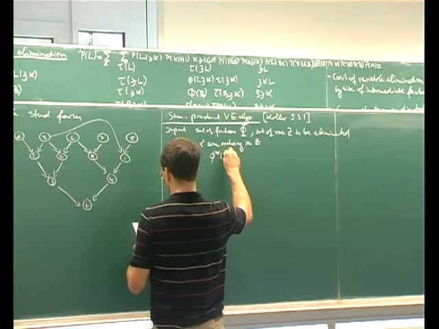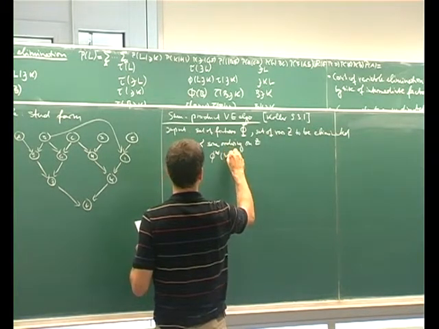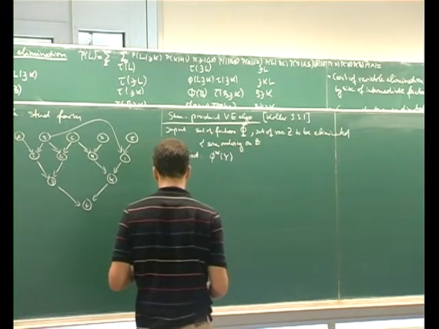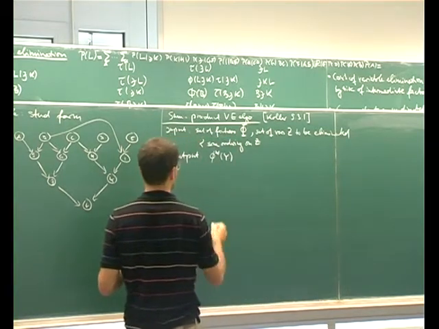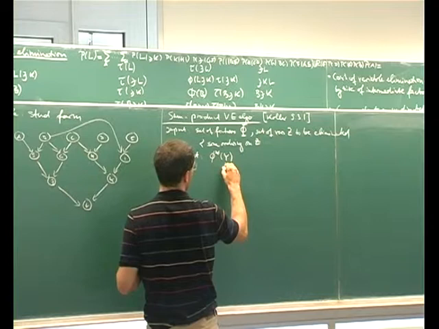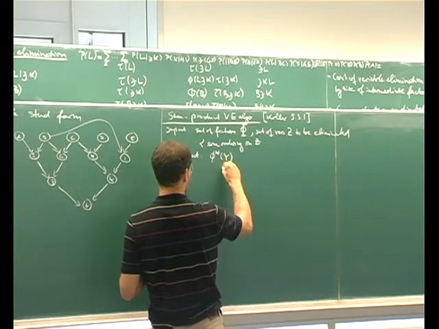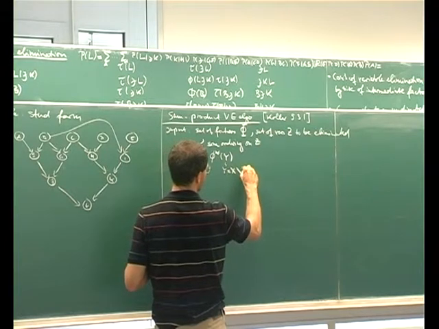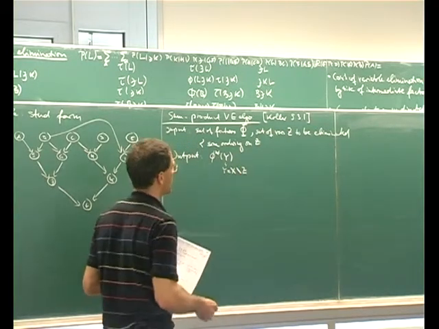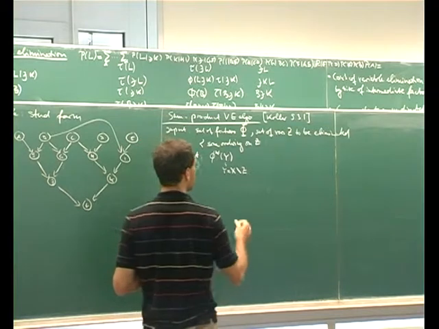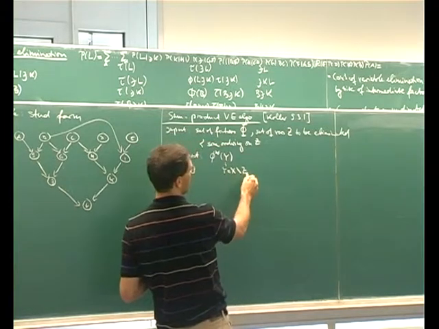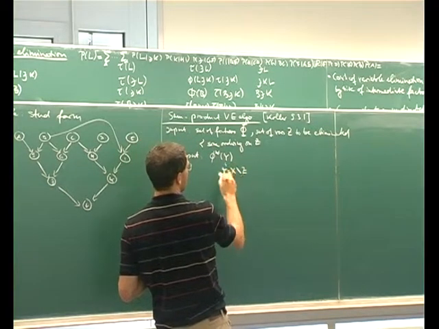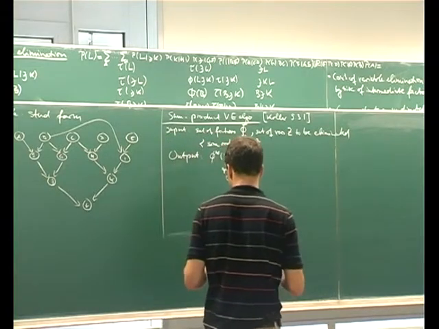That is a factor depending only on Y, where Y is the set of all variables X minus the set of variables that are to be eliminated. So X is all variables, Z are the ones that should be eliminated, and Y are the remaining ones.